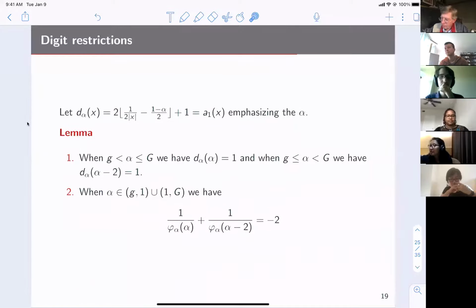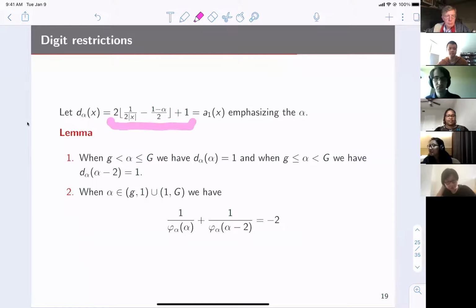We also can find some patterns of what's happening here that do end up being helpful in the proofs that I'm not going to show you. So this is another way of stating that interval that really emphasizes what the alpha is, so that now we can use one notation for any alpha in this interval for the first digit. So this becomes its own map that you iterate.